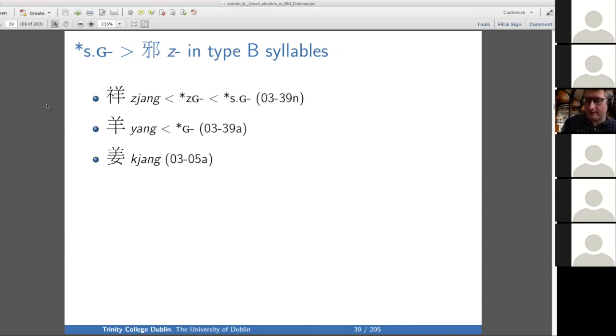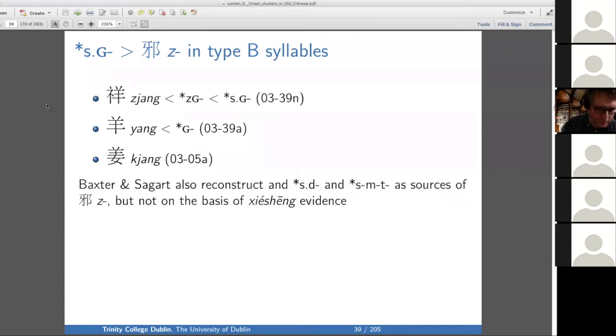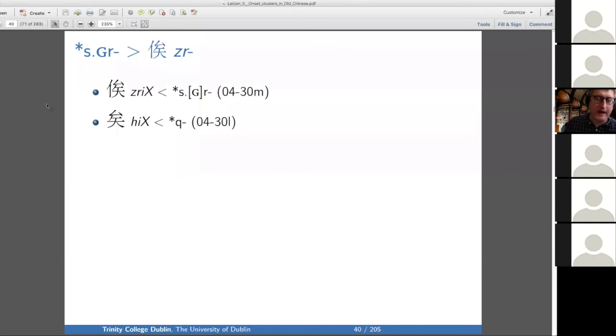So why not reconstruct it as an S before a voiced uvular, and then you can understand the voicing assimilation as the reason that it changes into a Z? Baxter and Sagart also reconstruct SD and SMT as sources of Z, but not on the basis of Shesheng evidence. And then we also have S little gr changes to ZR in this series.